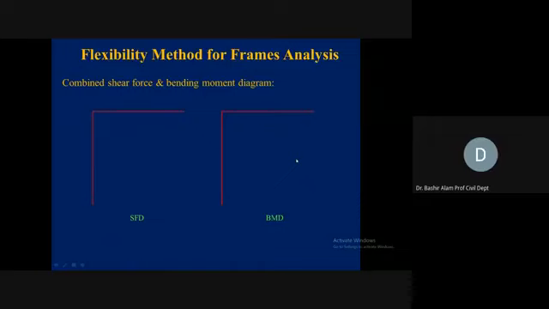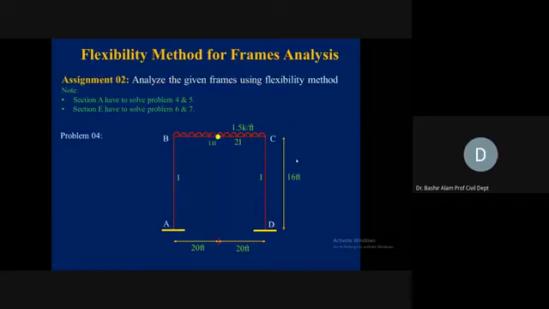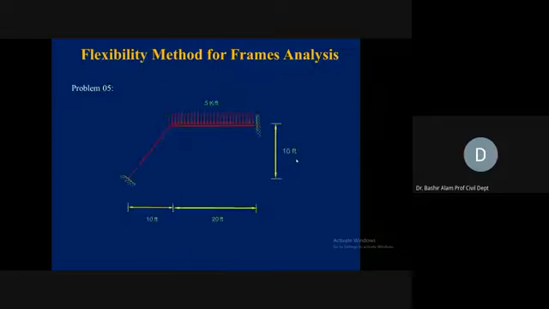Now, your assignment. Where you see this section A, this is for section B now. Section B have to solve problem 6 and 7. So you don't need to do anything with this problem. This is for section A. You don't need to do anything with this problem.